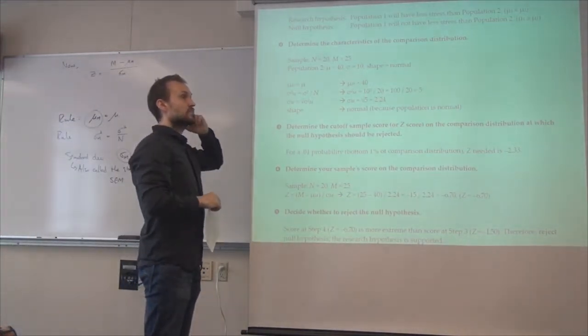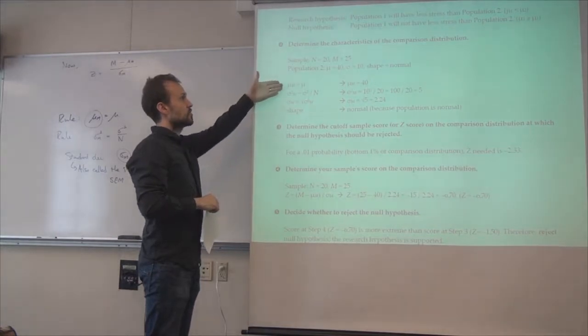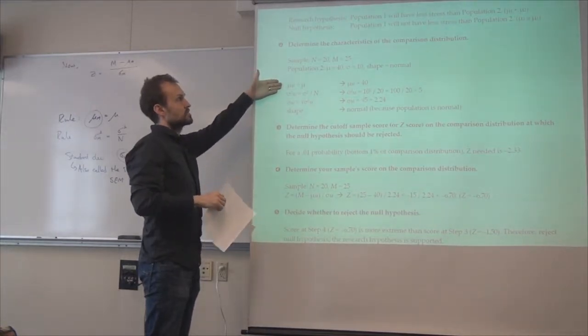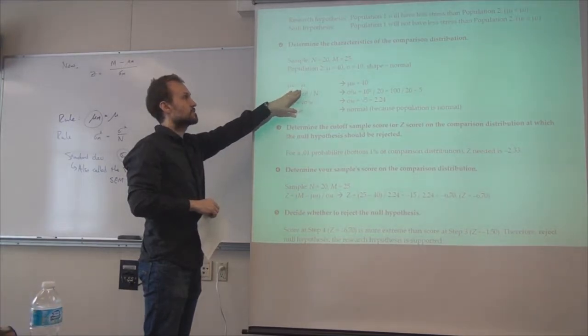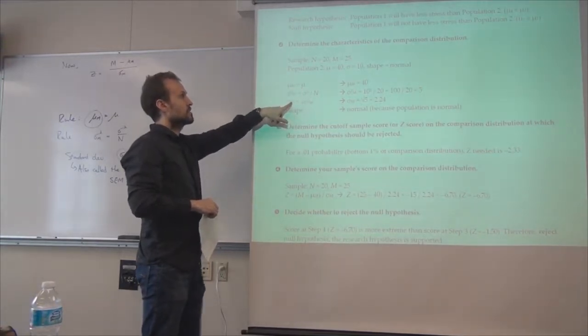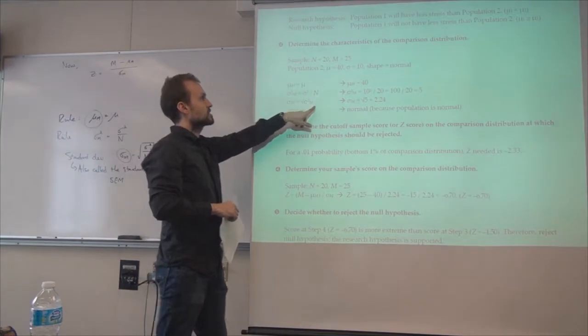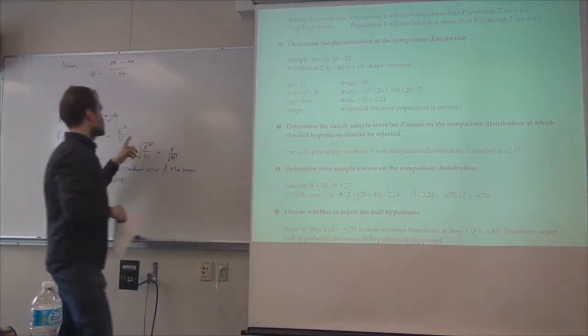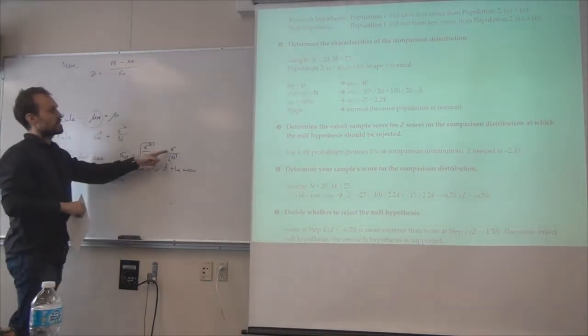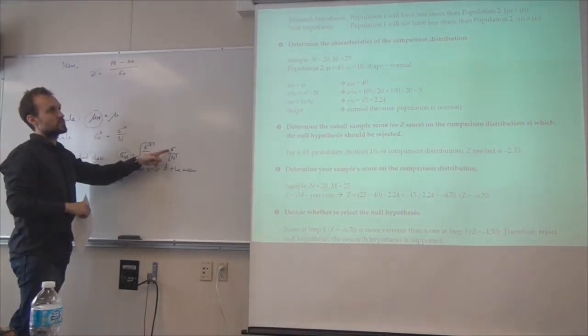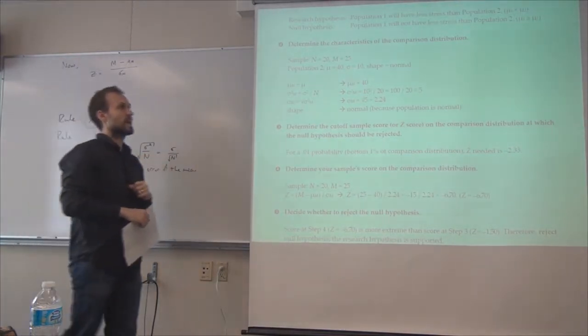So I need to look at the distribution of means in terms of what is its mean. Well, it's the same. It's 40 again. It's the same as the individual population mean. And the standard error is going to be, it doesn't matter which formula you use. You can calculate the variance first, take the square root of that, or you can use the individual distribution's standard deviation and divide it by the square root of n.